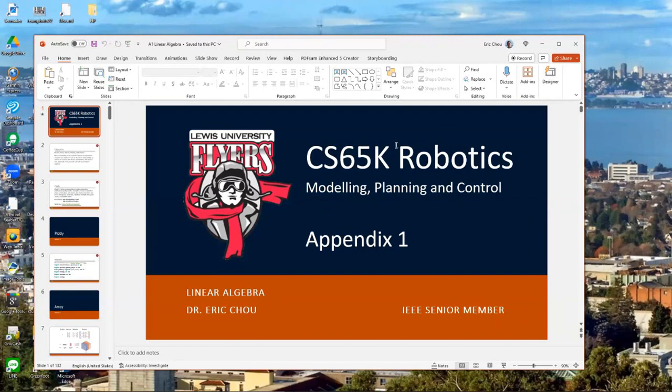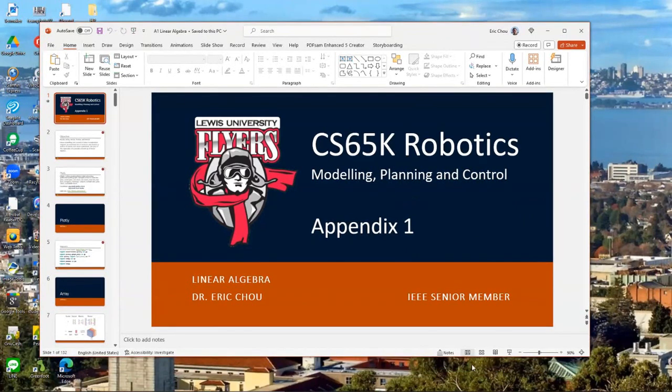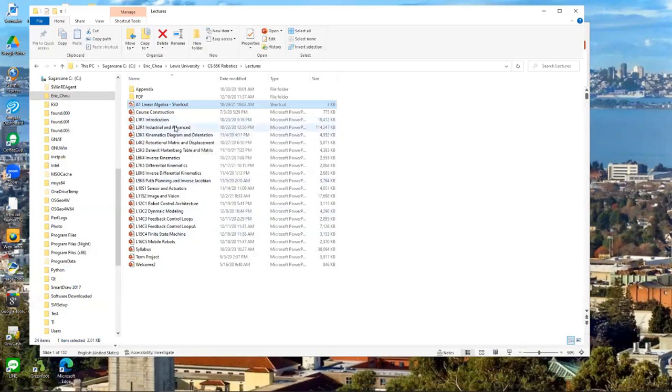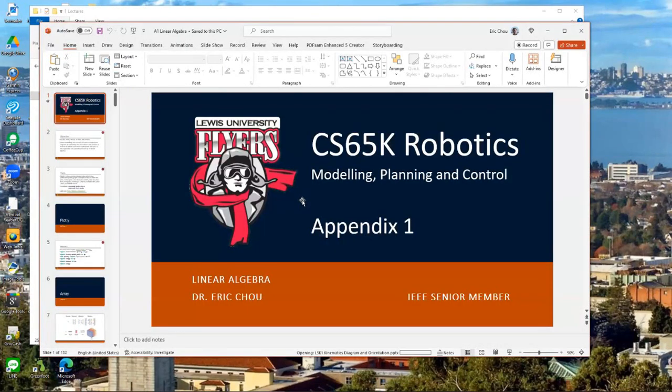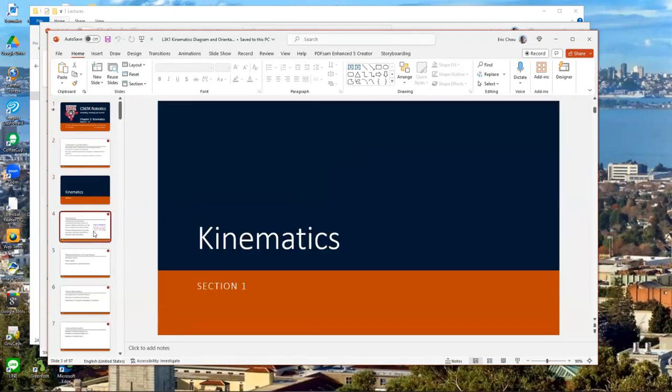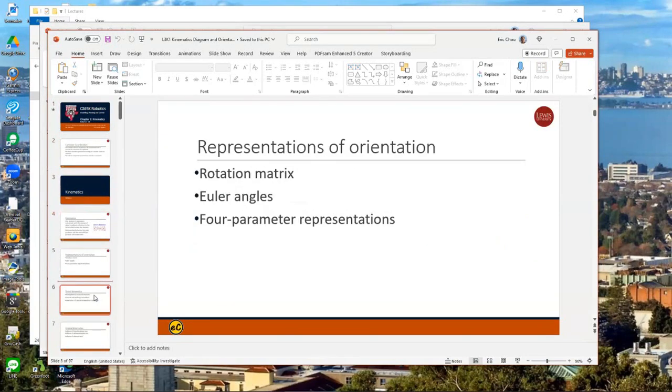Let me bring up the slides. So the first chapter is just an introduction. Next, what's important is the kinematic diagram and the representation of the orientation.